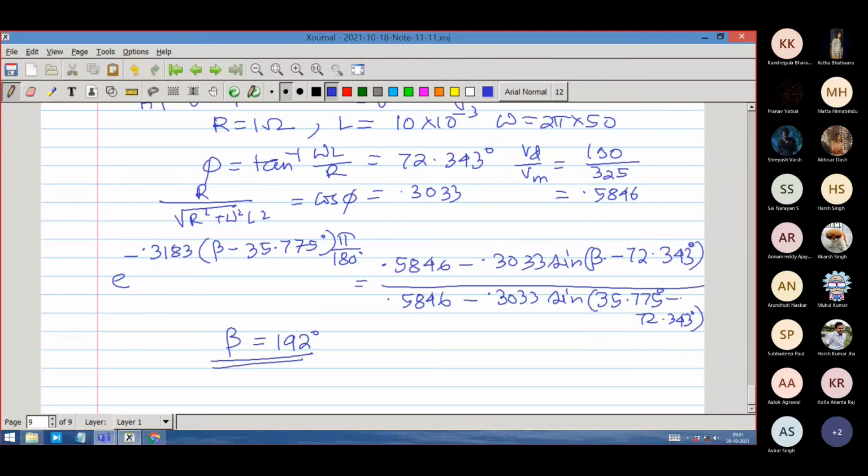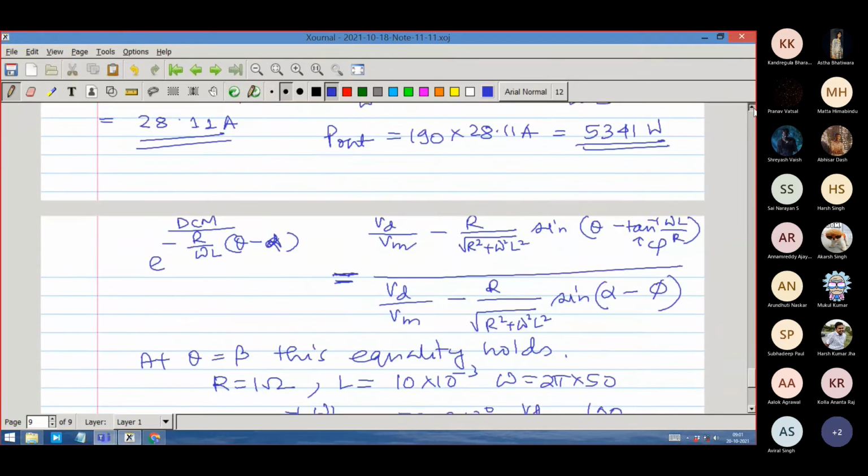You can see qualitatively what has happened because of the presence of the resistance: it is conducting for less time, which is what is supposed to happen, because some part of the drop is consumed in the resistance. When the current is flowing, the I into R drop counteracts the inductor positive voltage, because IR is actually opposing the inductor voltage.